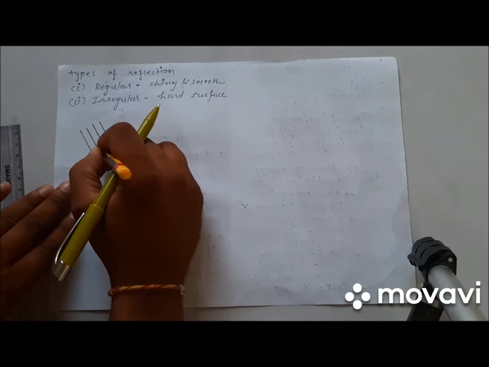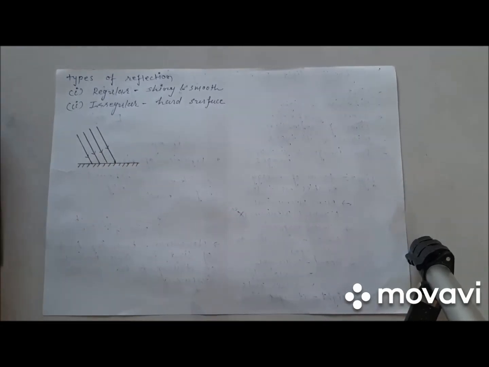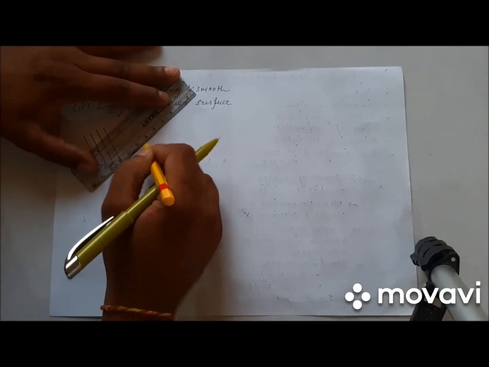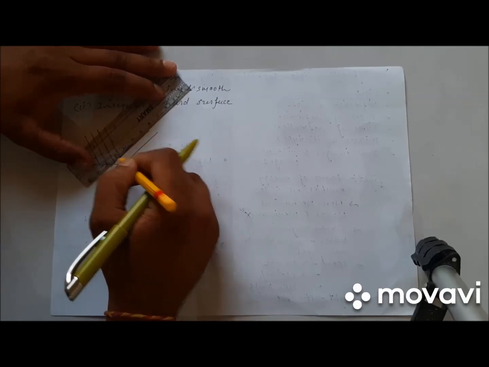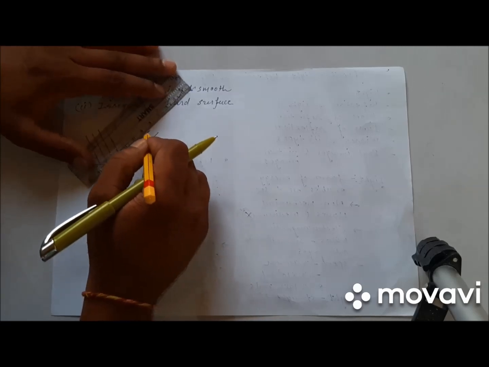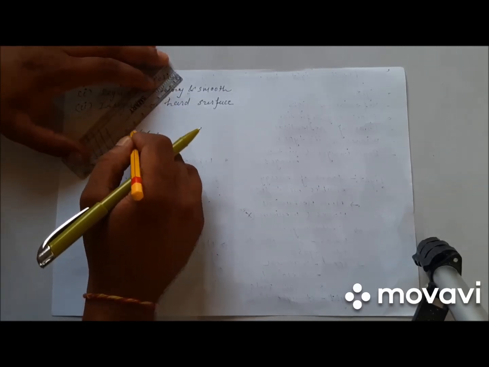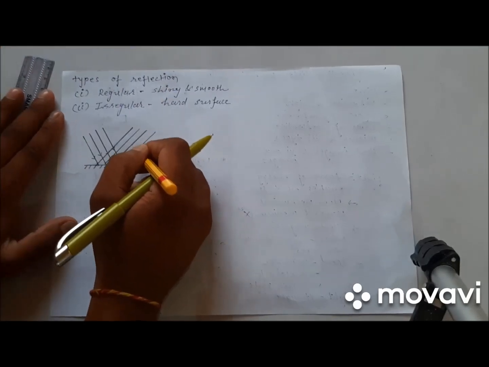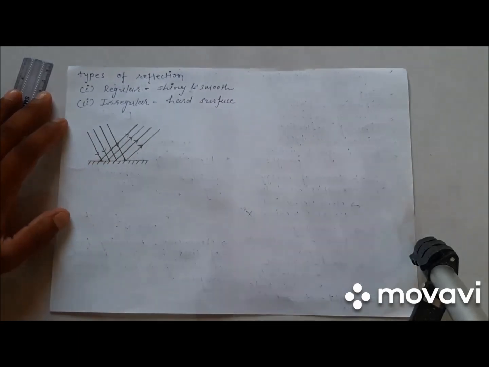When they strike the smooth and shiny surface, they reflect back. If the reflected rays are parallel, meaning regular, then this type of reflection is called regular reflection.